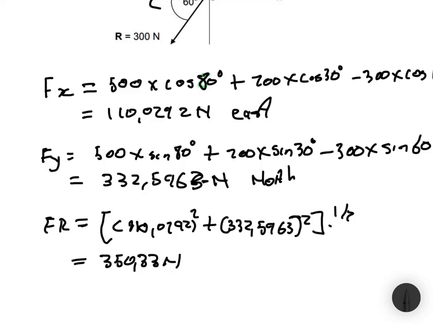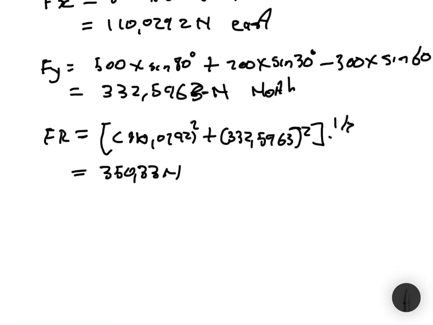We can go ahead and find the angle, right? So the angle, we're gonna use theta being equal to tan inverse of the opposite divided by the adjacent. The opposite, we always use the y value, right?